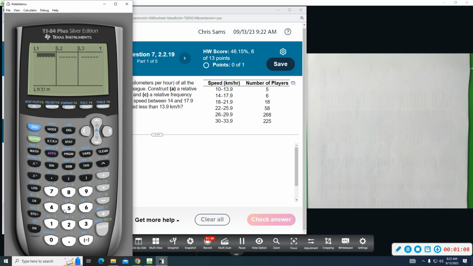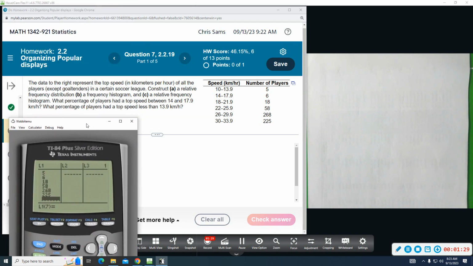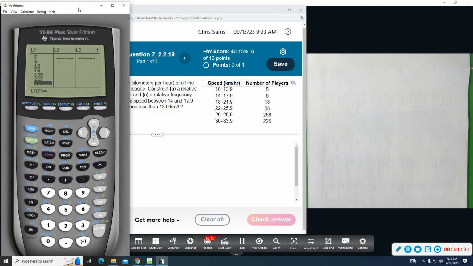I'm going to start typing in the data. Double check, make sure you got it all correctly. Did it tell me the total here? Did not. Okay, so we're going to go ahead and go to stat, calculate one variable statistics.